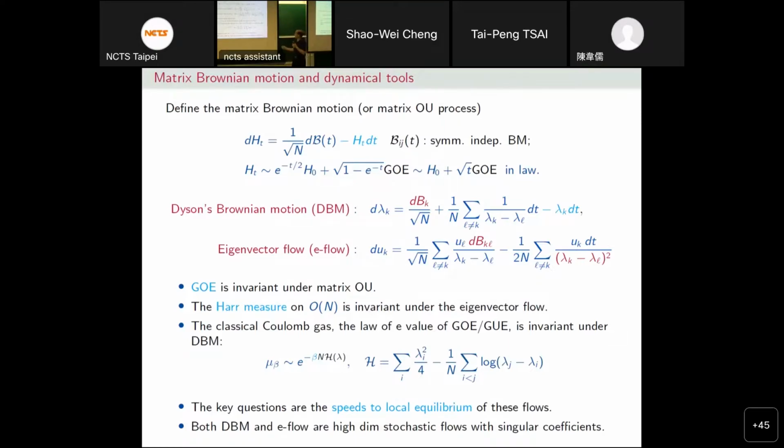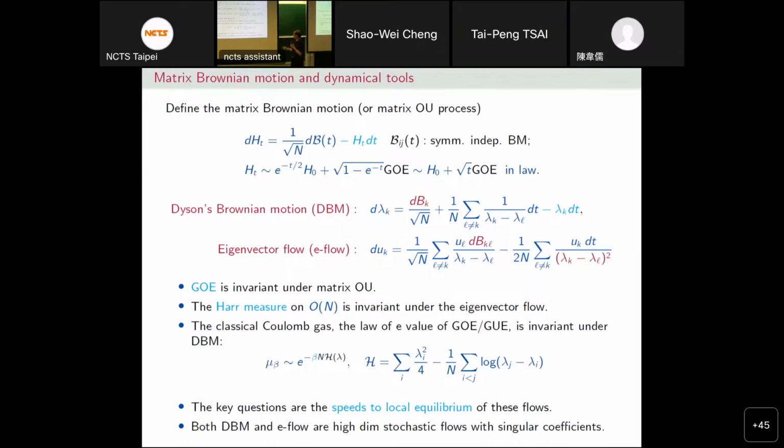The question is to understand the heat kernel, some estimate of this flow. And this flow I have written in a multi-line way, but one can rewrite this into a second order differential operator. I didn't write it, but you could have done that.